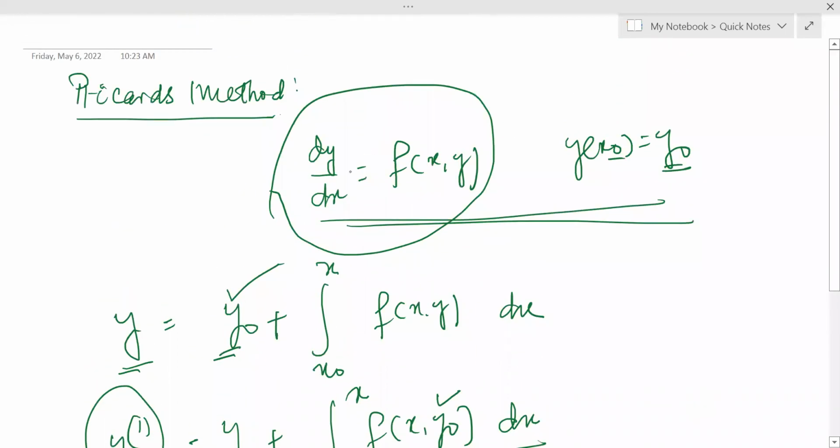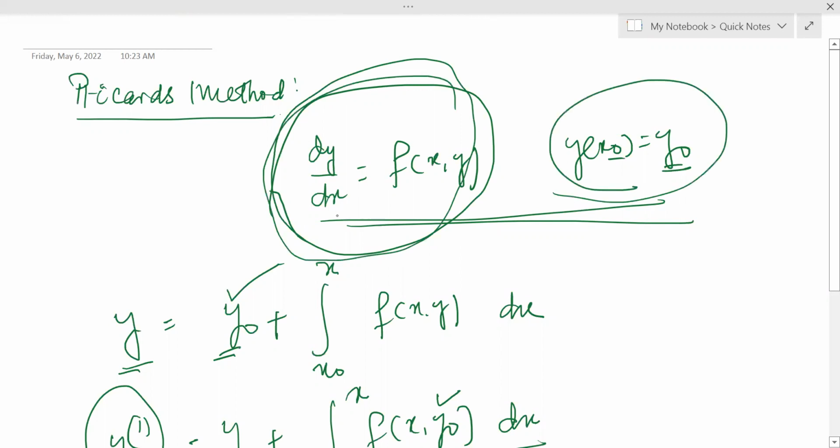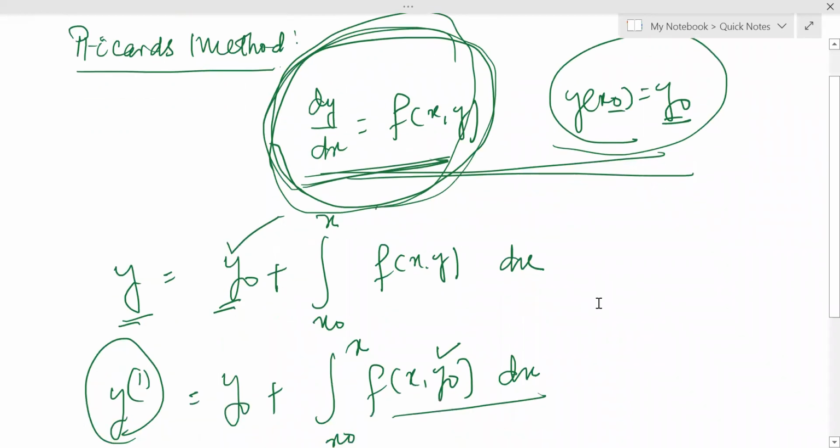This is one solution: a function f of x, y is given along with its initial condition, and we need to find the solution of this function by integrating it, but it is a continuous integration. So how to evaluate this continuous integration?